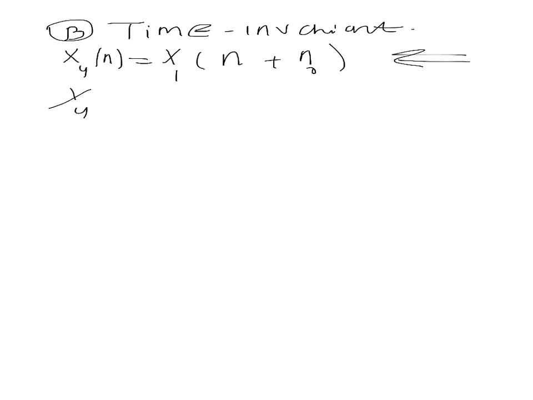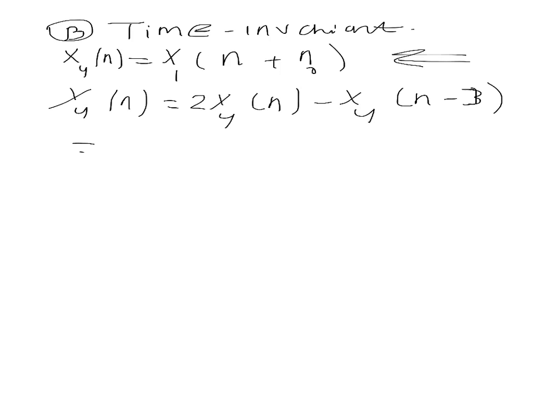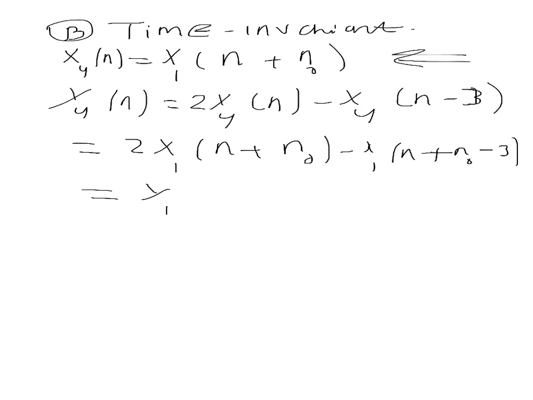So let's say y4 of n equals, and just plug in the original equation, minus 3. Then it equals x1 of n plus n naught. We just substitute the values, n plus n naught minus 3. Then it gives us y1 of n plus n naught.